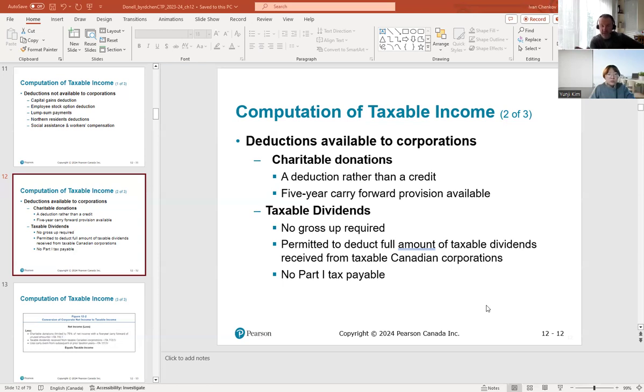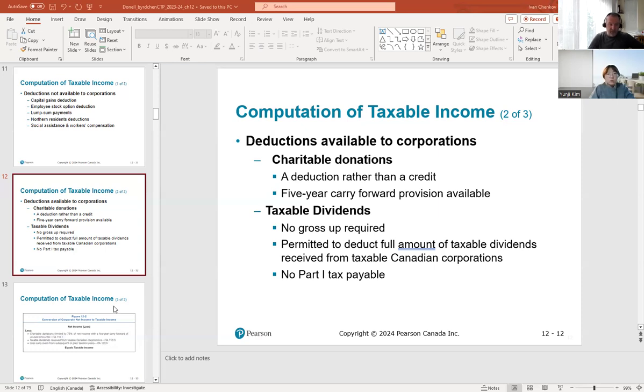So basically, dividends flow from one corporation to another corporation tax-free. Once one corporation has paid the taxes on the income, and then moves the dividend from one company to another company, there are no taxes anymore.